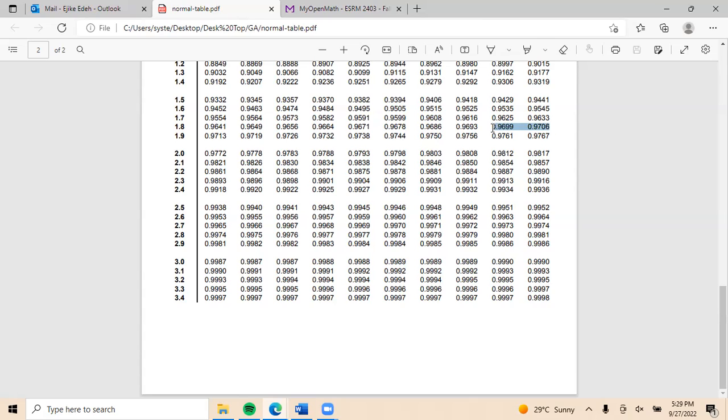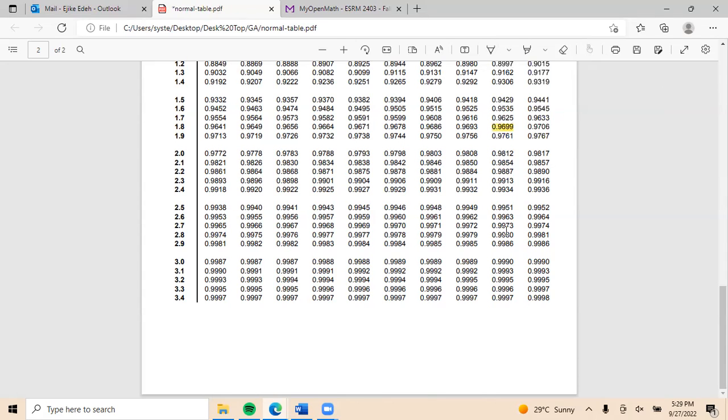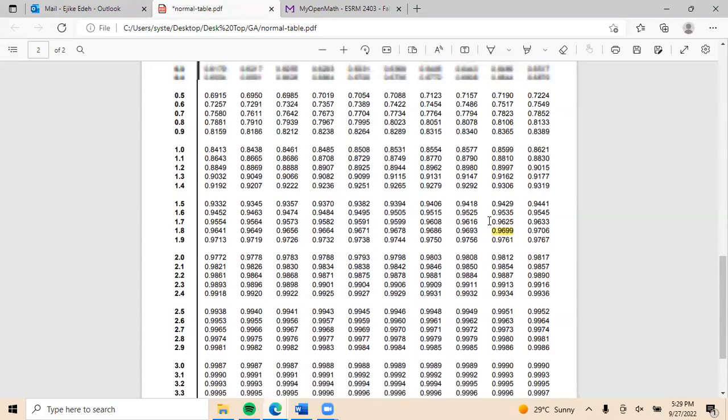We'll come to this row. So this is 97 here, the closest to 97, but it's slightly bigger. As we've been doing, we're going to take the conservative value, the one slightly smaller. Let me color that and highlight it in yellow. Okay, so the highlighted is the closest.